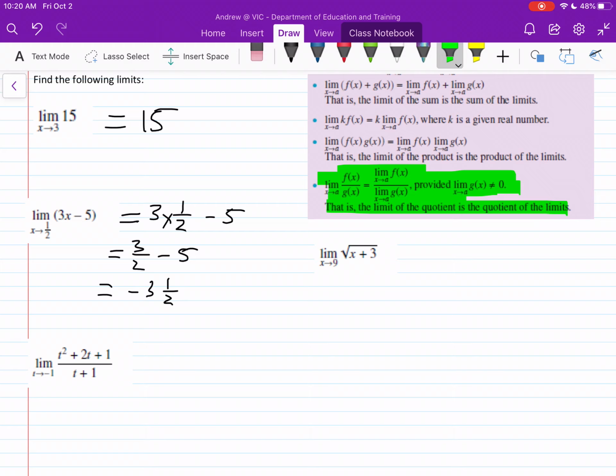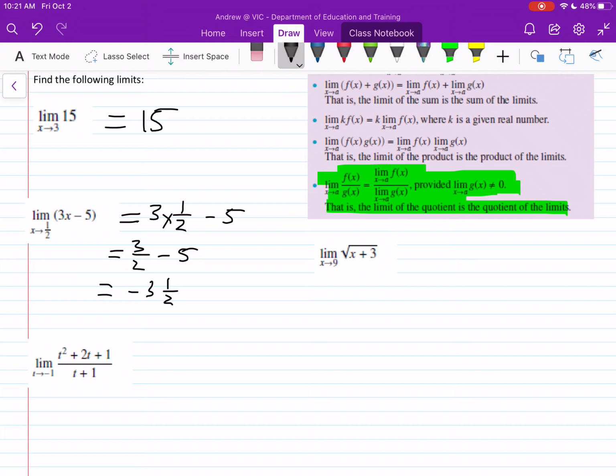So this one doesn't work out at the moment. But we can break it down and eliminate the t plus 1 on the bottom by factorizing the top. Whenever something doesn't work out, especially with a quotient of limits, it's always good to see if you can factorize the top and eliminate the bottom. So that's what we're going to do now.